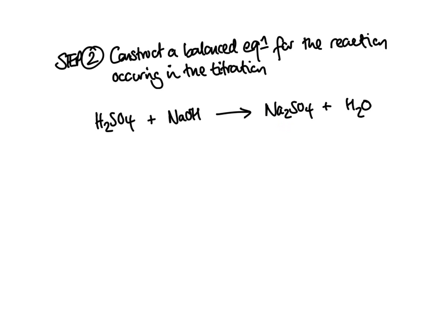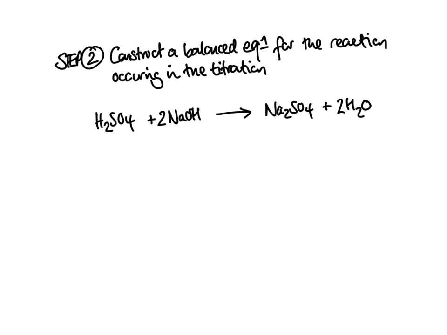We're not happy that we've got 2 sodiums on this side and only 1 sodium on this side, so to balance this out we need to put 2 NaOH. But then this leaves 2 OH on this side, and only 1 OH accounted for on this side, so we put 2 there.